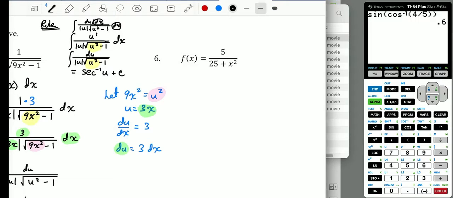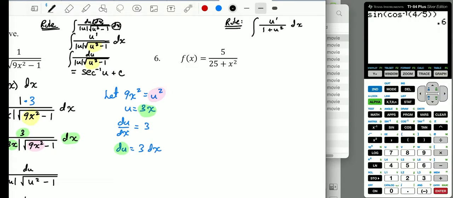All right, so the rule that we're familiar with is, I'll write it with the prime first this time. u prime over 1 plus u squared. Now that's going to be a dx. So you have that.